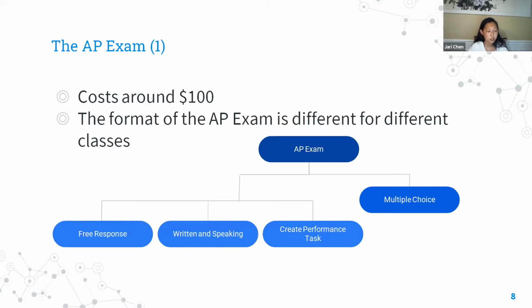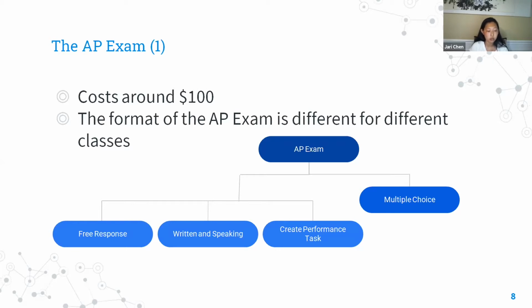The free response portion is tested alongside the multiple choice, and basically you have a question and you need to answer it in a couple sentences or a short paragraph format. The written and speaking is also usually tested alongside the multiple choice, and it's pretty self-explanatory. It's writing and speaking into a computer so that people can judge how proficient you are.